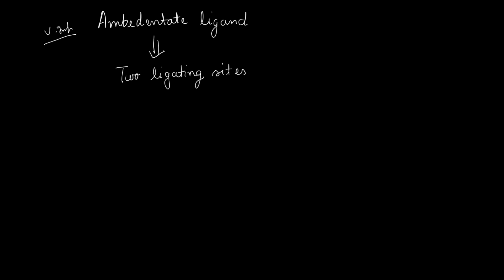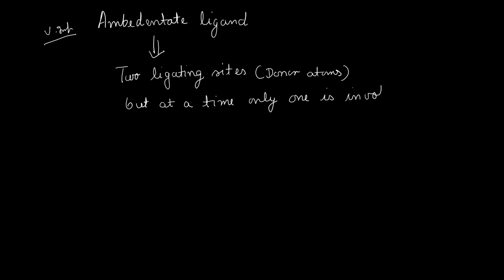Ligating sites means two donor atoms are available for donation of electrons, that is, for making a coordinate bond. But at a time, only one is involved.